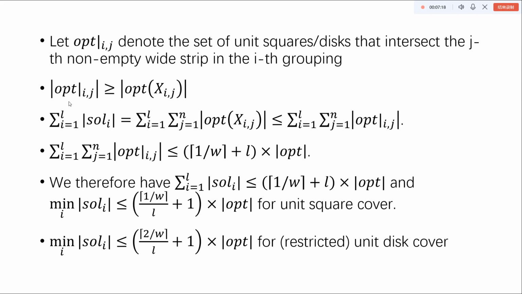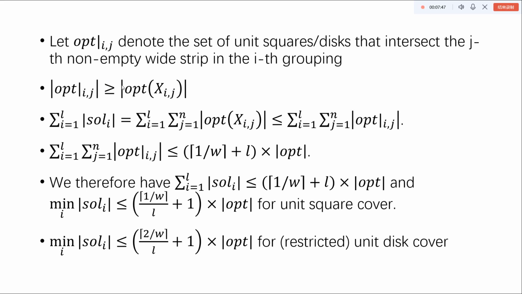So we have this inequality, and by the definition of SOL_I, which is a solution of the I's grouping, it is a union of all local optimal solutions of all white strips. So this equation is actually by definition, and we apply the inequality here.